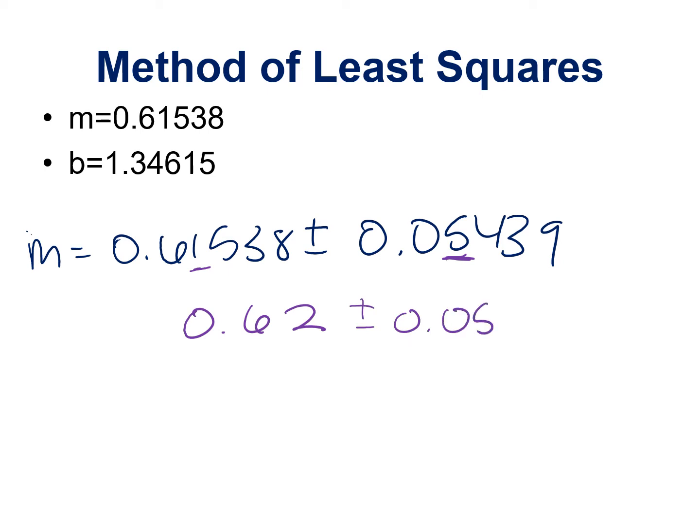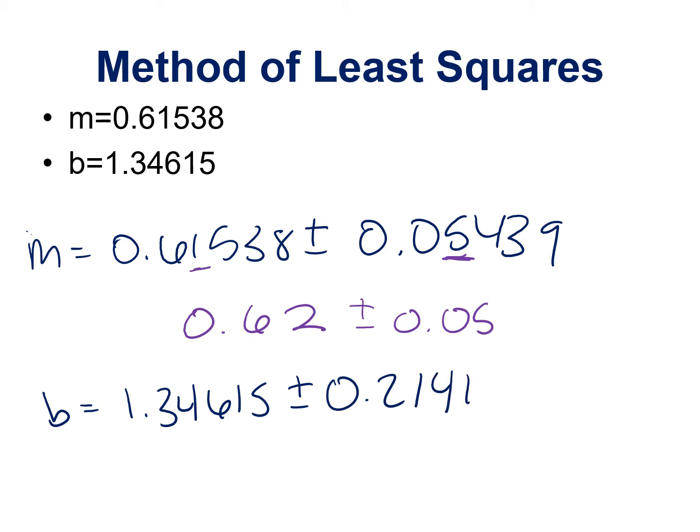Now let's do the same with the y-intercept. According to the rule of significant figures, I would just take the first non-zero digit in the uncertainty, match it up with the same decimal place or digit in the answer, and rewrite it. So 1.3, I won't be rounding, plus or minus 0.2.